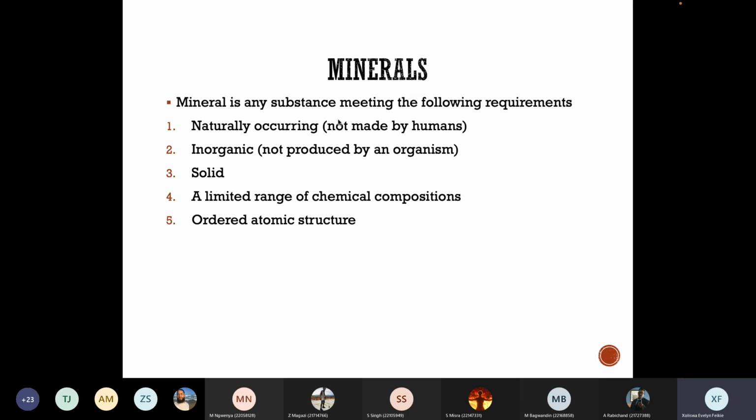Is it inorganic? Is it solid? Does it have a limited range of chemical composition? Does it have an ordered atomic structure? And then you say yes or no, based on whether it has all these 5 properties. If yes, then you say yes, water is a mineral.